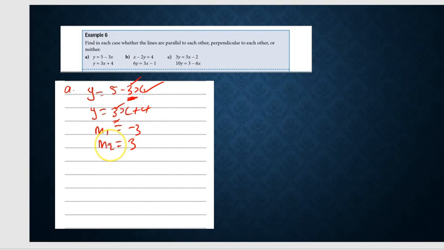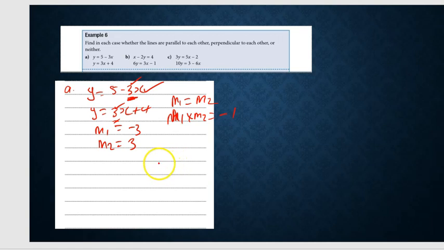The lines are not parallel or perpendicular. Because for the lines to be parallel, m1 must be equal to m2. And for the lines to be perpendicular, the product must give us -1. m1 times m2 is supposed to give us -1. So the lines are neither parallel nor perpendicular.